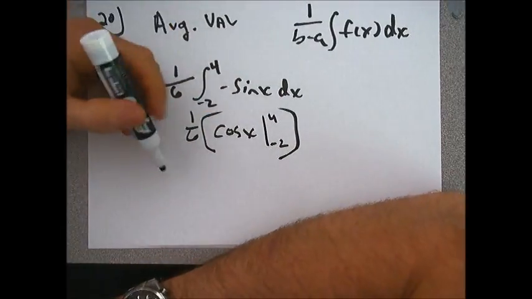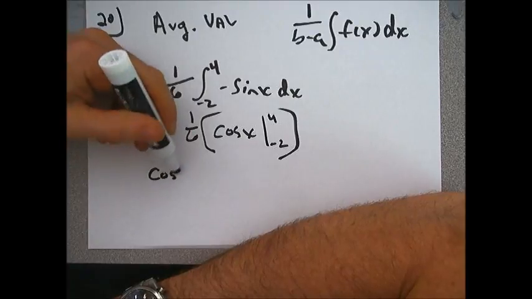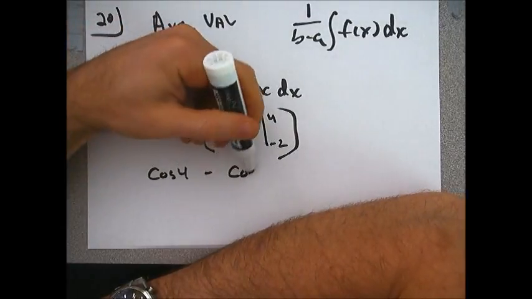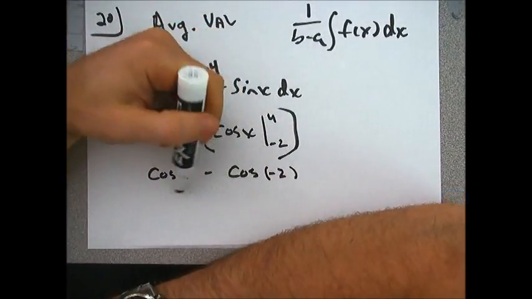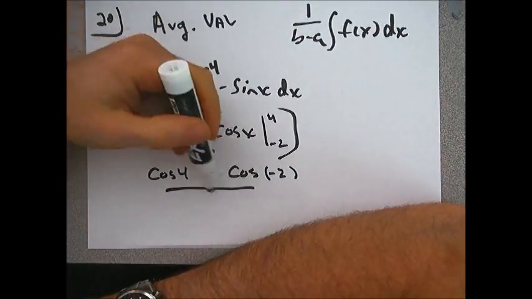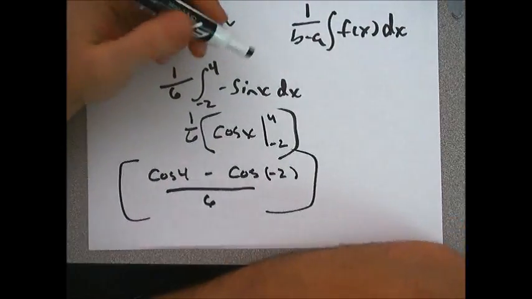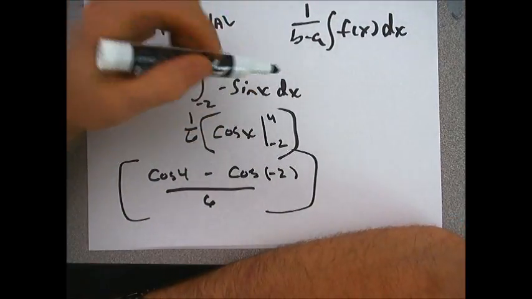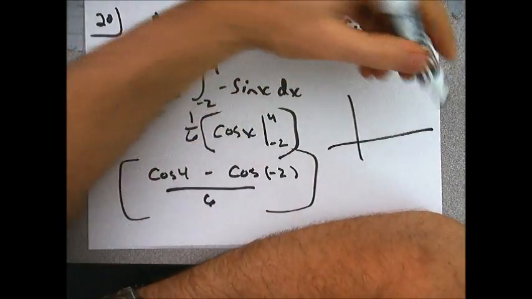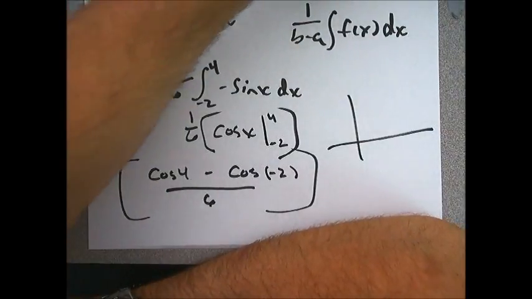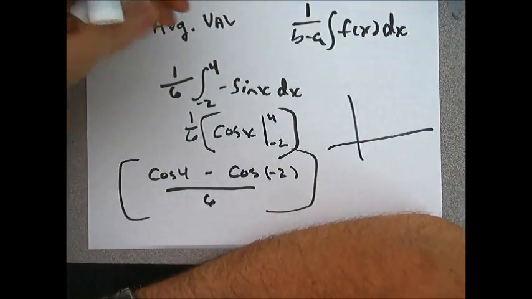So when we plug these in, cosine of 4 minus cosine of -2 all over 6. This is what we just talked about in class, an identity back from trig. None of these are choices; if you look at the 5 choices, none of them give you a -2.